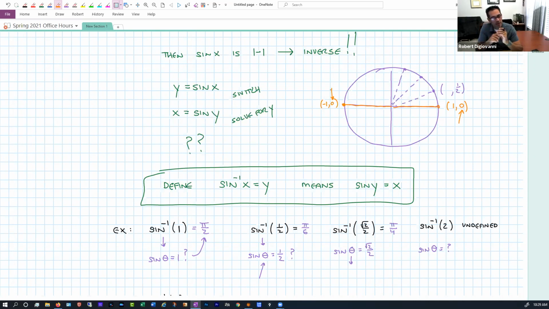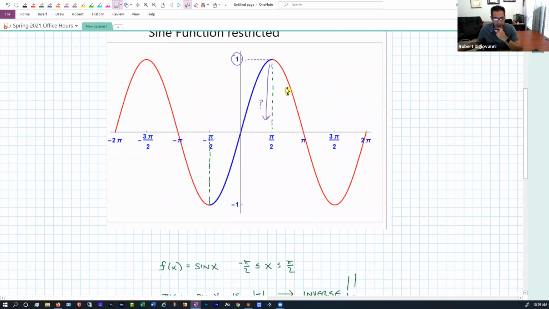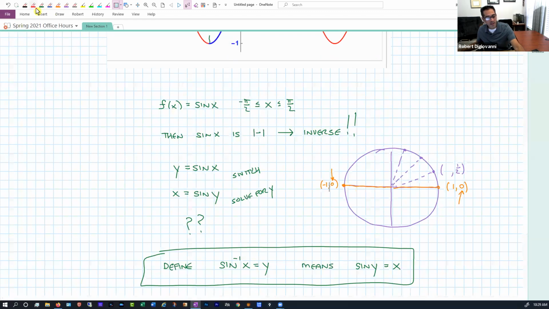There's only one. And this has to do with our domain restriction. This is why we restrict the domain. We are only allowed to look between -pi over 2 and pi over 2. Or if you like, -90 degrees and +90 degrees. So do you all see that this can't be an answer?